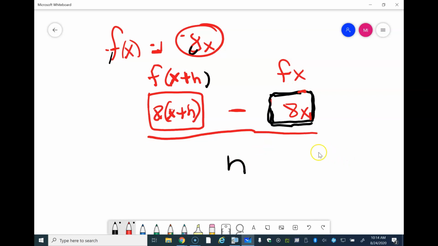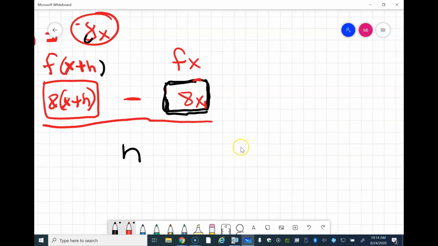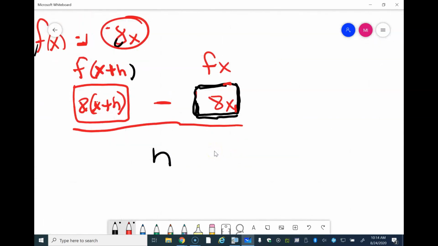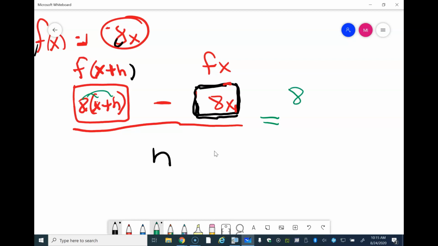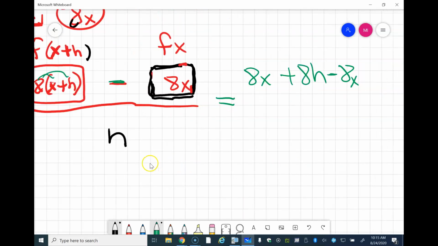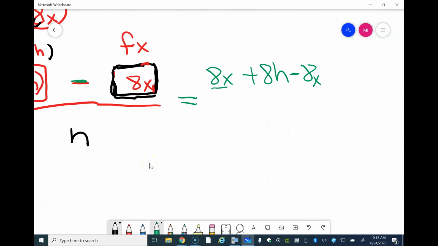And then later on is where we take and simplify. So we distribute this inside. We have 8x plus 8h here minus 8x, and it's all over this h.